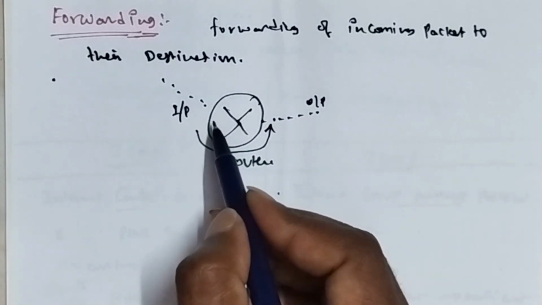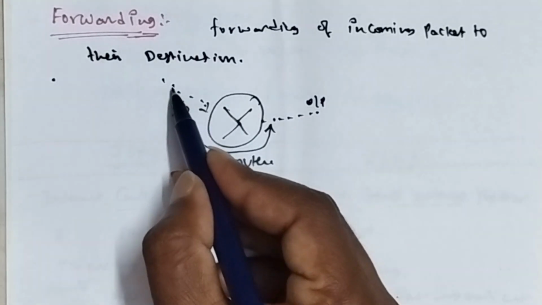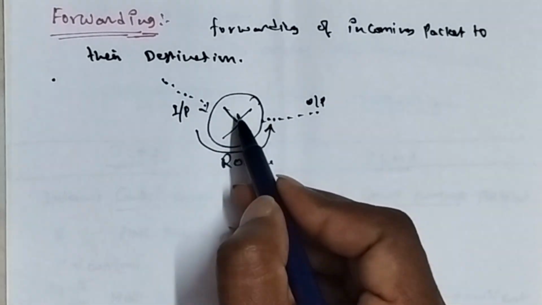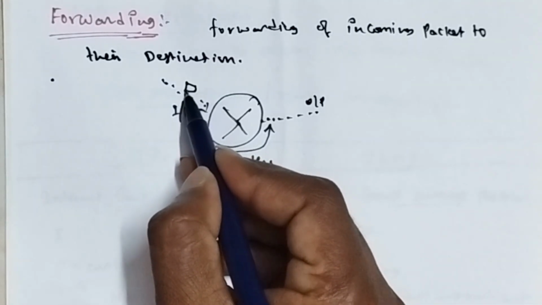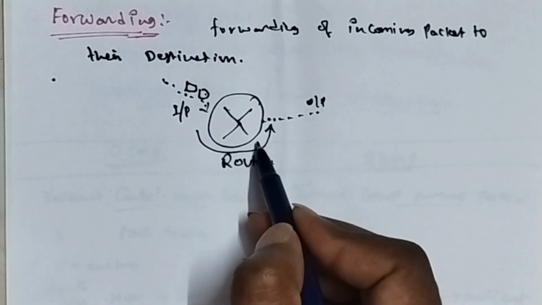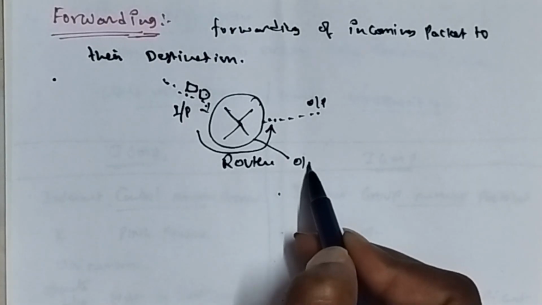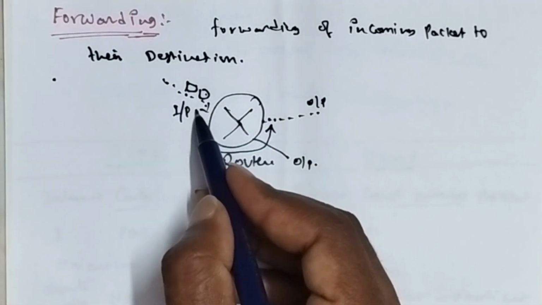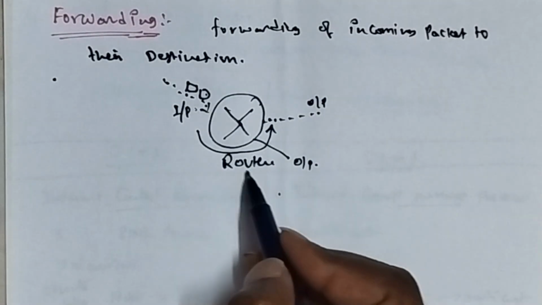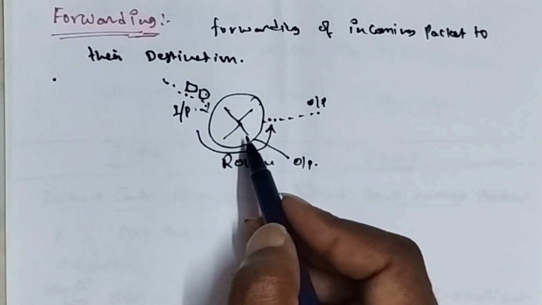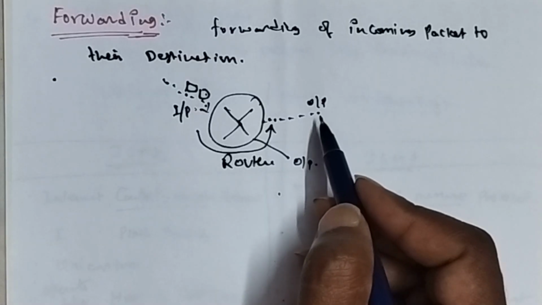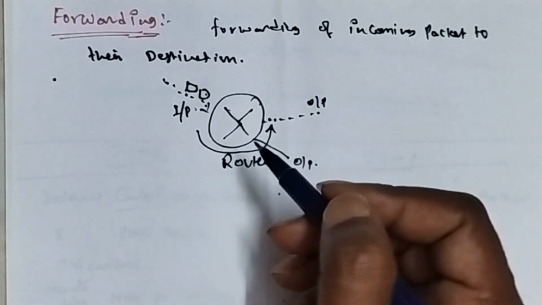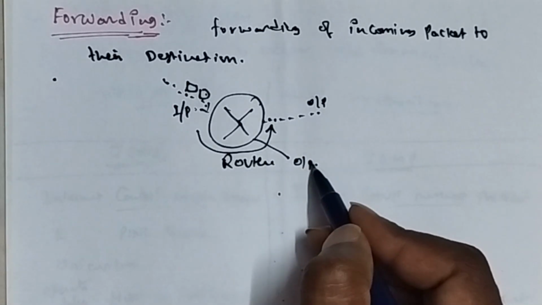When the packet arrives, the incoming packet will be received by the router, and based on the packet, it is sent to an output link. Assume that there are several output links. When the data packet arrives, the router receives it and forwards the data to the required destination interface, another router or another cable.